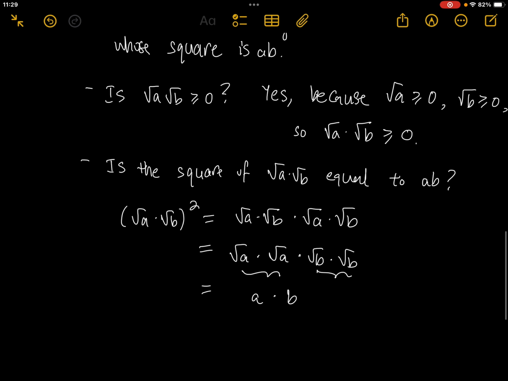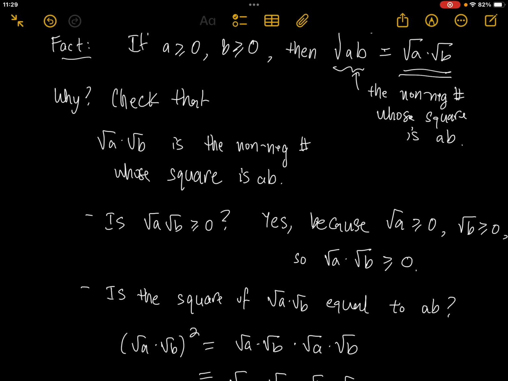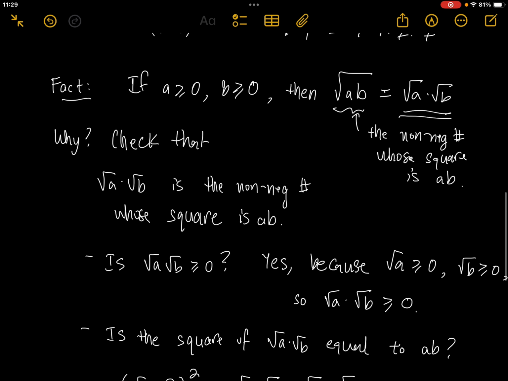We've discovered that the square root of a times the square root of b is a non-negative number whose square is ab. That means that it is the square root of ab. It's okay if you didn't completely follow the reasoning, but I think it's a good idea to think about what's going on and try to understand it.